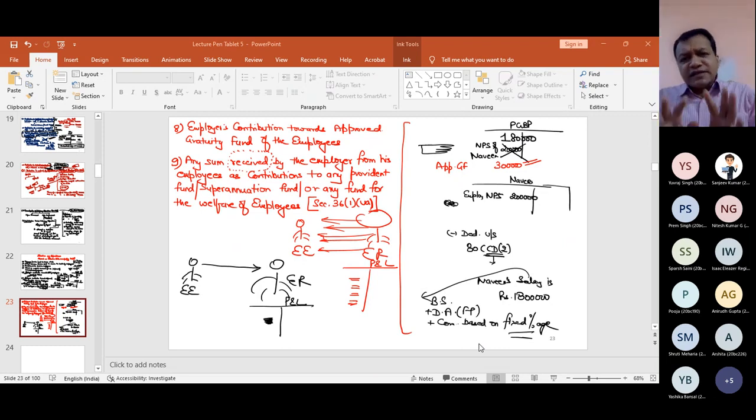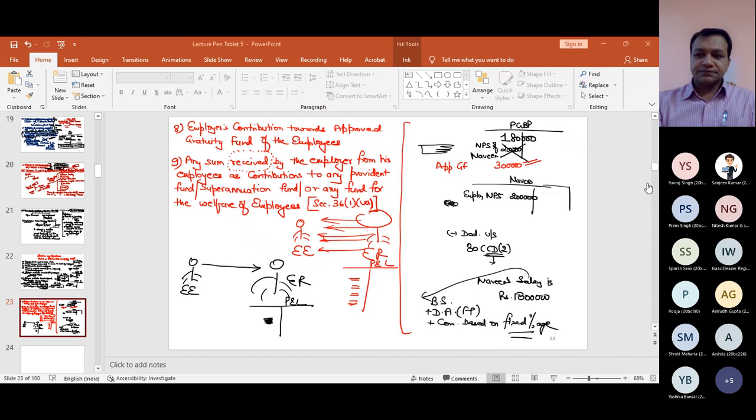Have you understood that the 9th point is a little bit different from the earlier discussion? Whatever we have studied till the 9th point, as an employer, I was incurring some expenditure. In the 9th point, I am receiving something and still I am getting some benefit. If it is written in Section 36, it means I will show this on the debit side of the P&L account. Please raise your hand if you have understood what is different in point number 9 as compared to the other points discussed today.